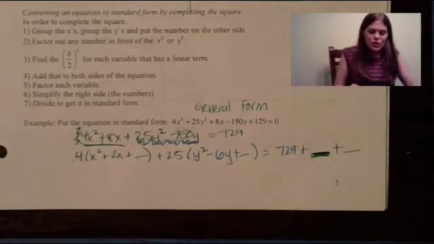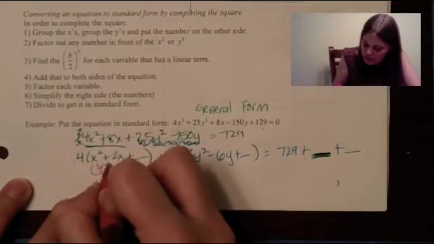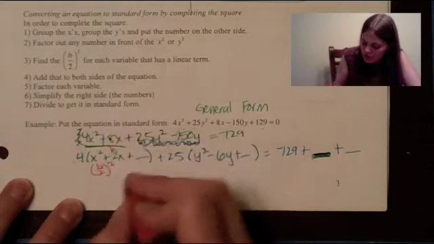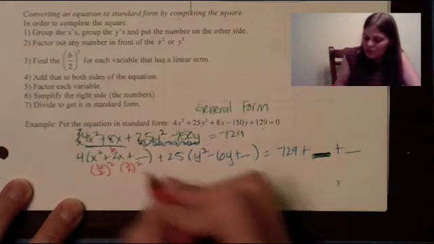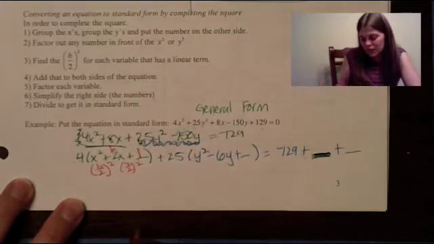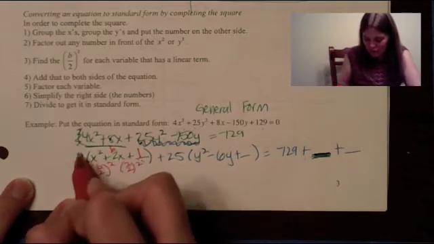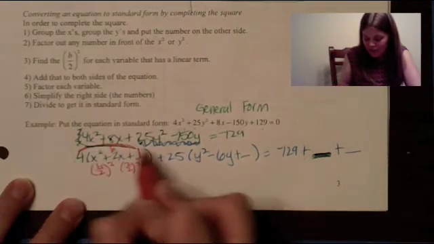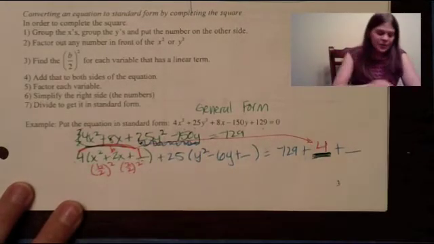In order to find this term right here, you're going to take b divided by 2 and square it. Your b term is always your linear term. So I'm going to take 2 and divide it by 2 and square it. 2 divided by 2 is 1, and 1 squared is 1. Now, on the other side, I added 1, but I really added 4 times 1 because I'm multiplying by 4. So I'm really going to add 4 here.